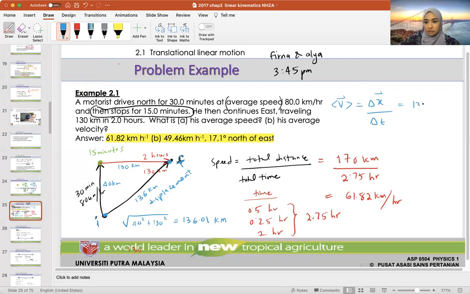So 136.01 over? 2 minus 0.5? 2 minus 0.75? Why subtract? Because of change of time. Okay, so your change of time is 2 minus 0.75.